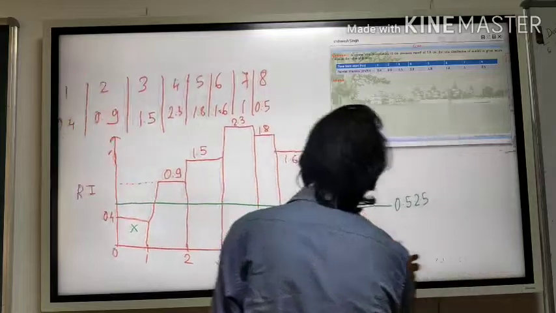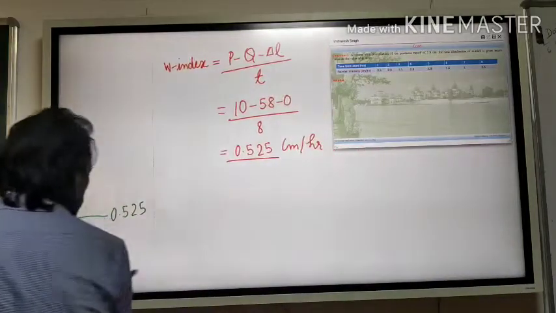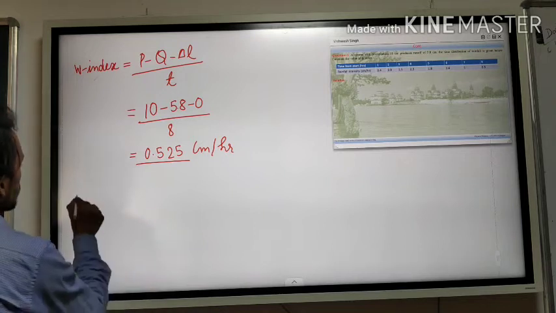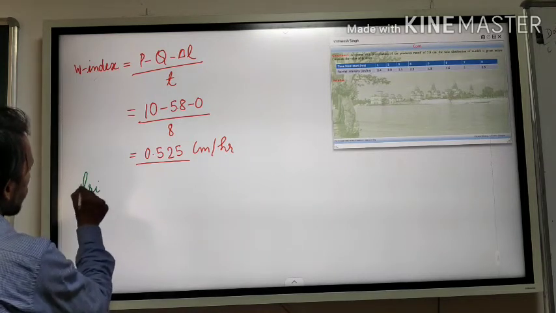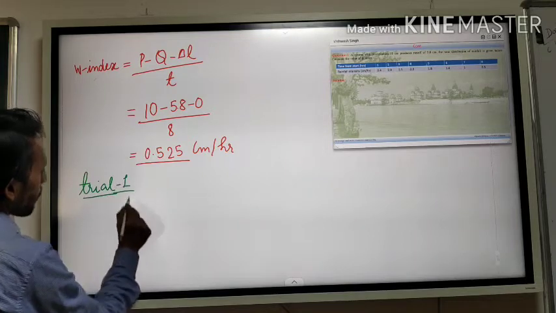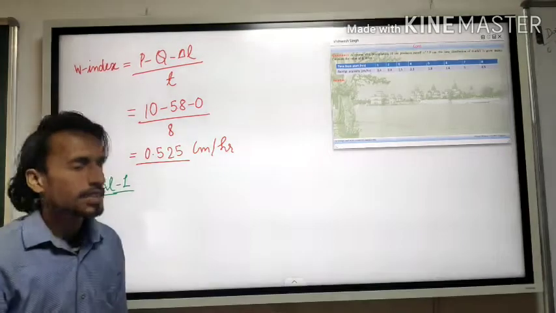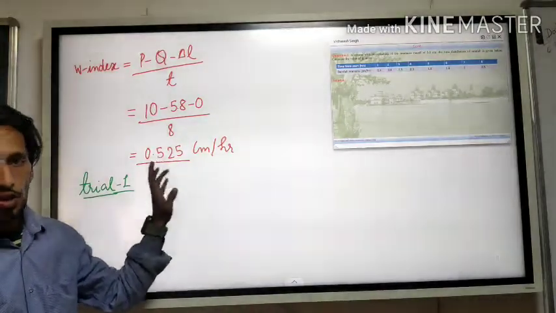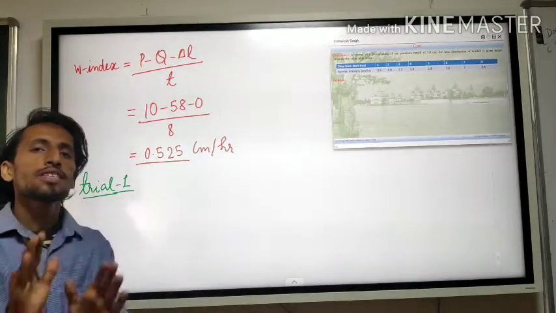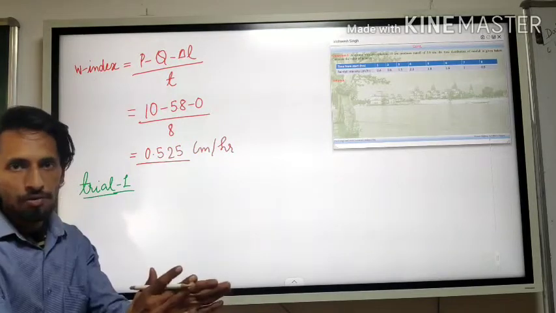So what you have to do, you have to calculate the different indexes. So let's do the trial. You understood that 0.525 is not the maximum value.